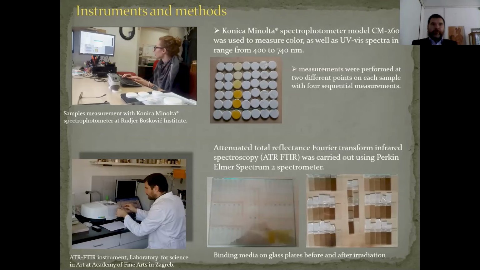The instruments and methods used to characterize these irradiated binders were colorimetry, done with a Konica Minolta spectrophotometer, and the degradation processes were investigated by attenuated total reflectance Fourier transform infrared spectroscopy using a Perkin-Elmer Spectrum tool.